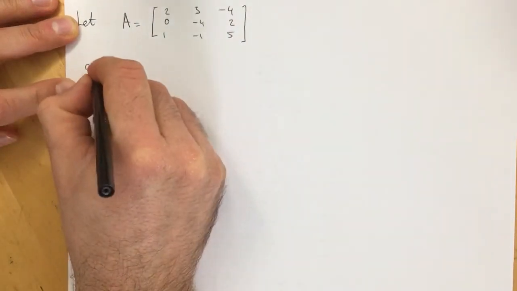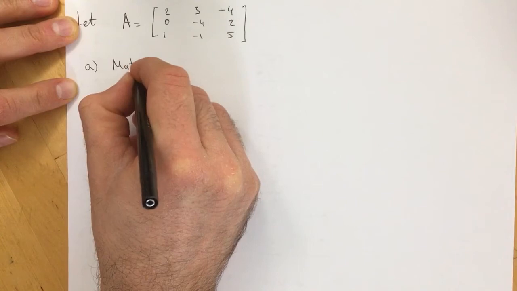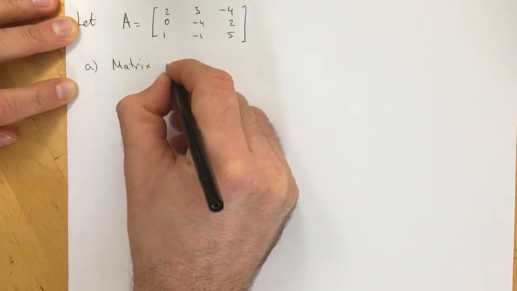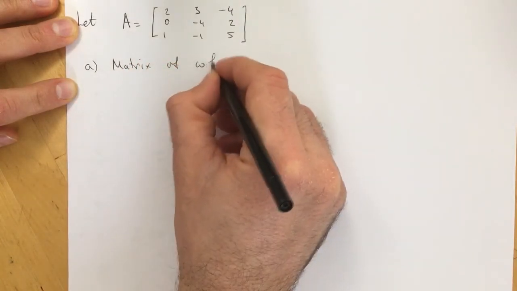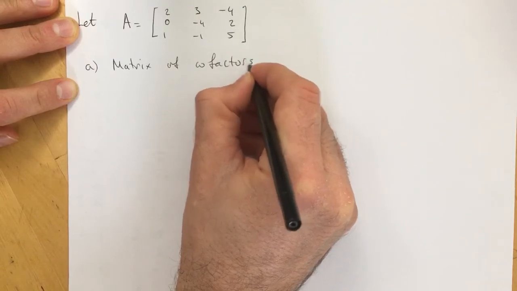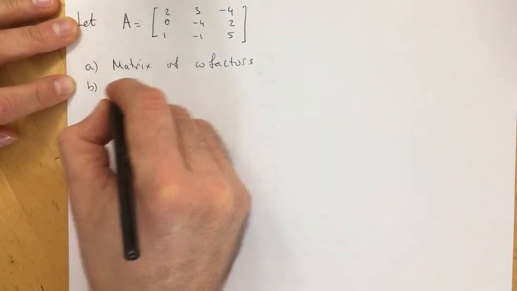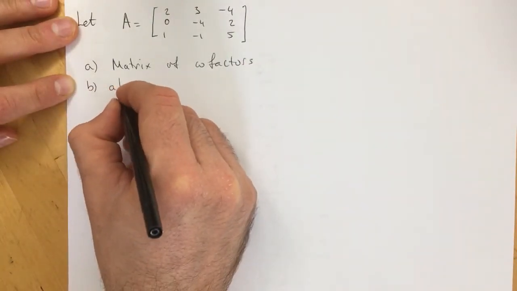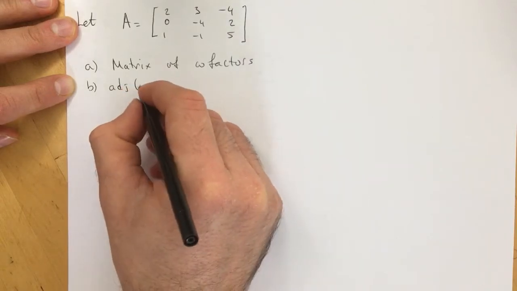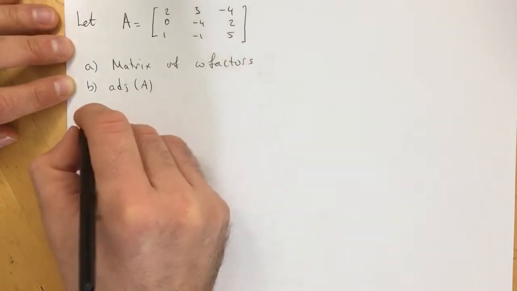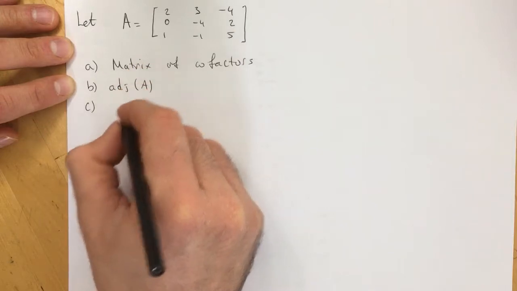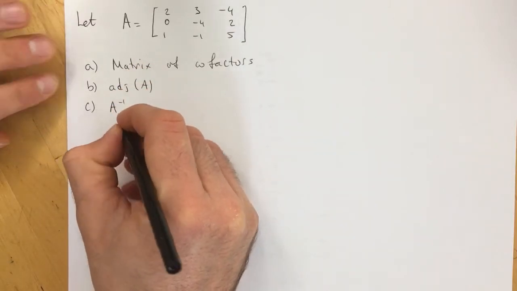So first I'm going to find the matrix of cofactors. Then I'm going to evaluate the adjoint of A. And finally, using these results, I'm going to find what A inverse is.